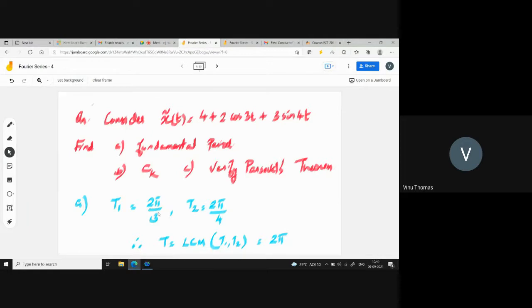What is the LCM of 2 pi by 3 and 2 pi by 4? That's equal to 2 pi. Therefore the period T0 of the periodic signal x tilde of t is equal to 2 pi.